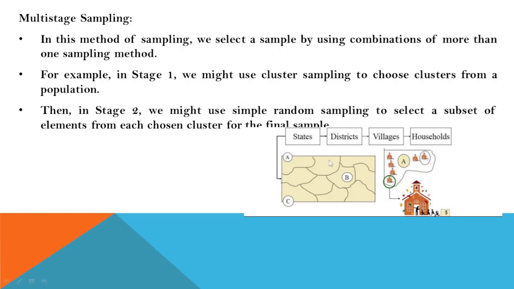For example, in this case, A is chosen, and under A, there is a village. From this village, a few houses are selected. This type of sampling method is known as multistage sampling.